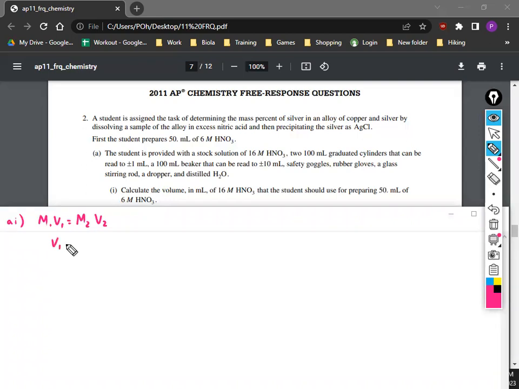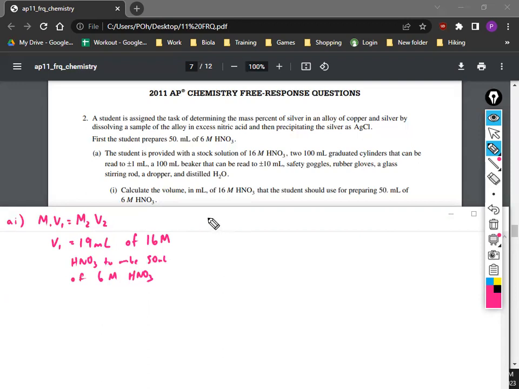But the volume that you need, either V1 or V2, depending on how you plug it in, should be 19 milliliters. So you need 19 milliliters of your 16 molarity HNO3 to make your 50 mL of 6 molar HNO3. Make sense? All right, so that one's pretty easy.